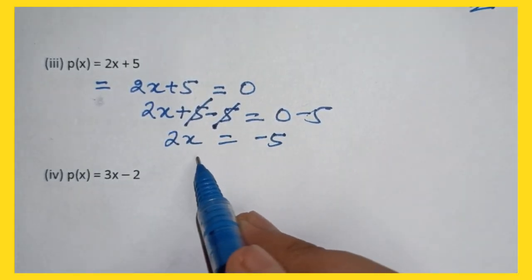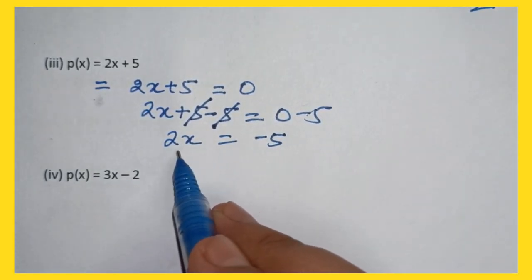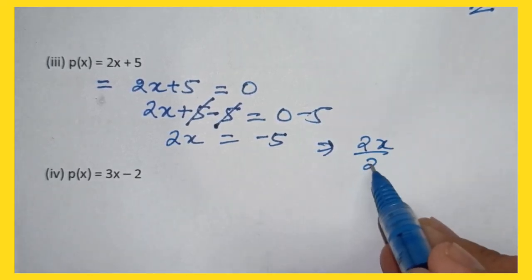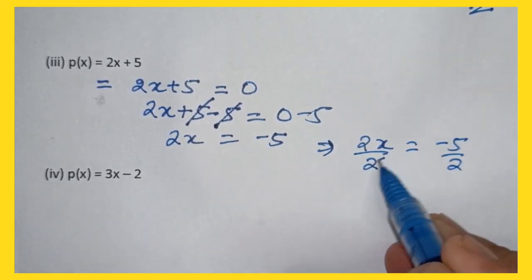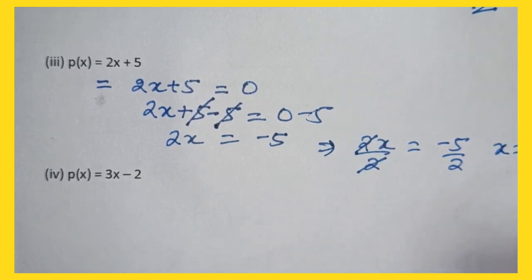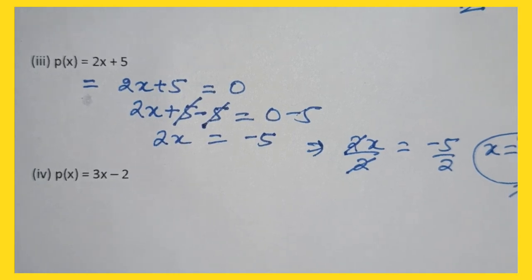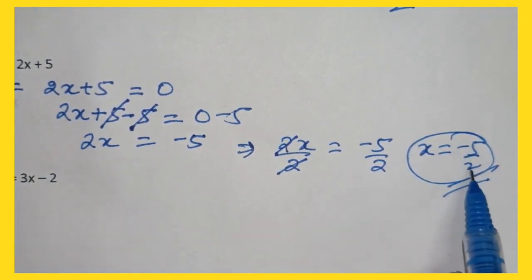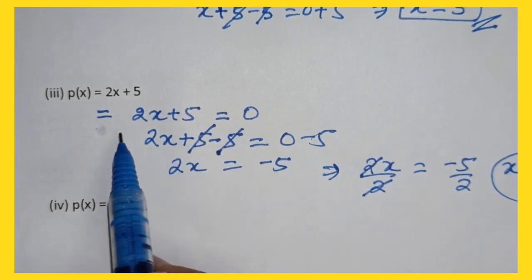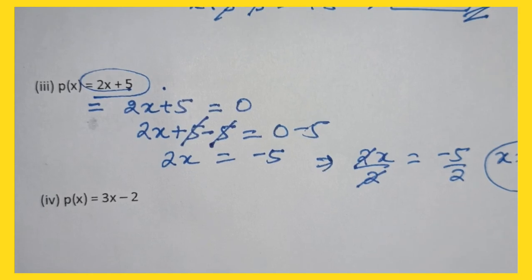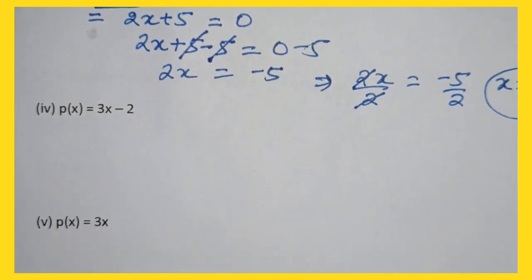Now you have 2x is equal to minus 5. Now you will divide both sides by 2 to get your value. That is, 2 will cancel out. Now you will have x is equal to minus 5 upon 2, which is your answer. So the crux is, when you put the variable's value as minus 5 upon 2 in this polynomial, your polynomial becomes 0.